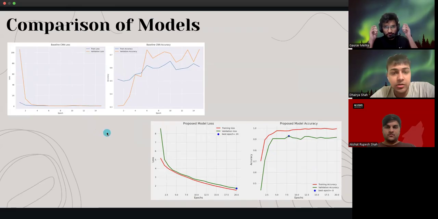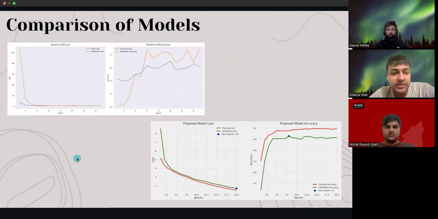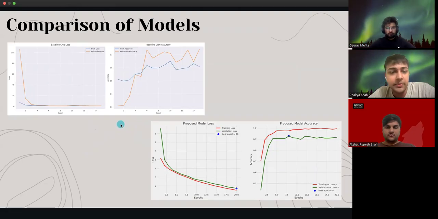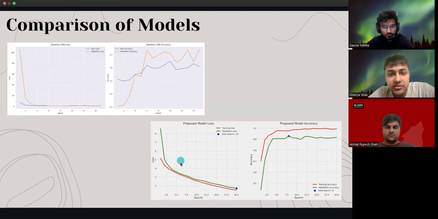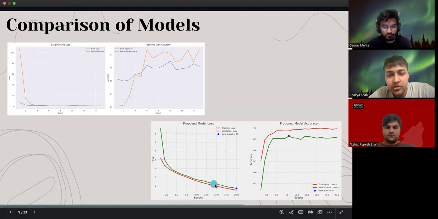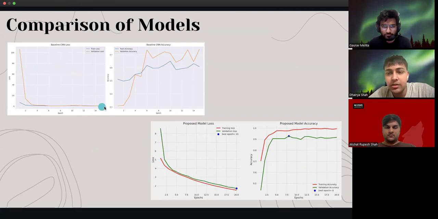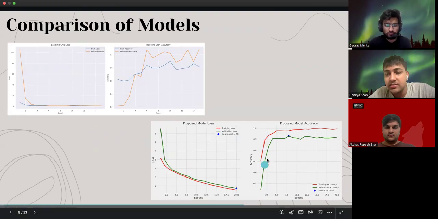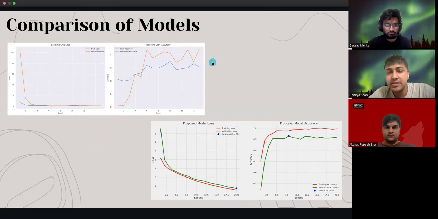Hi. We'll now show you the comparison between our baseline model and the final proposed EfficientNet model that we implemented. As you can see, in the proposed model, the graph of loss during the training and validation is less steep compared to our baseline CNN model, and the accuracy is steadily increasing compared to how it was sporadically increasing in our baseline CNN model.